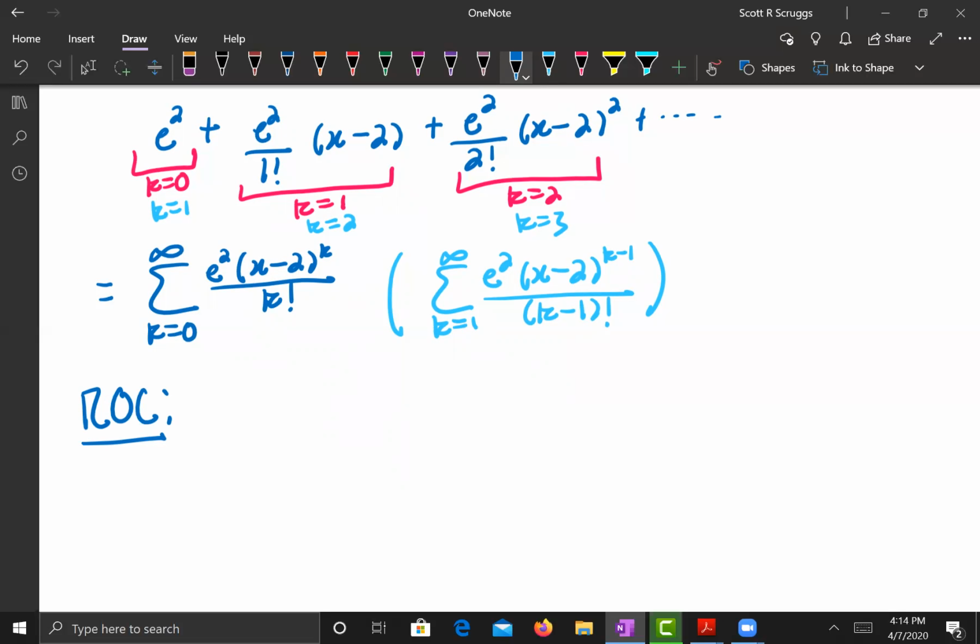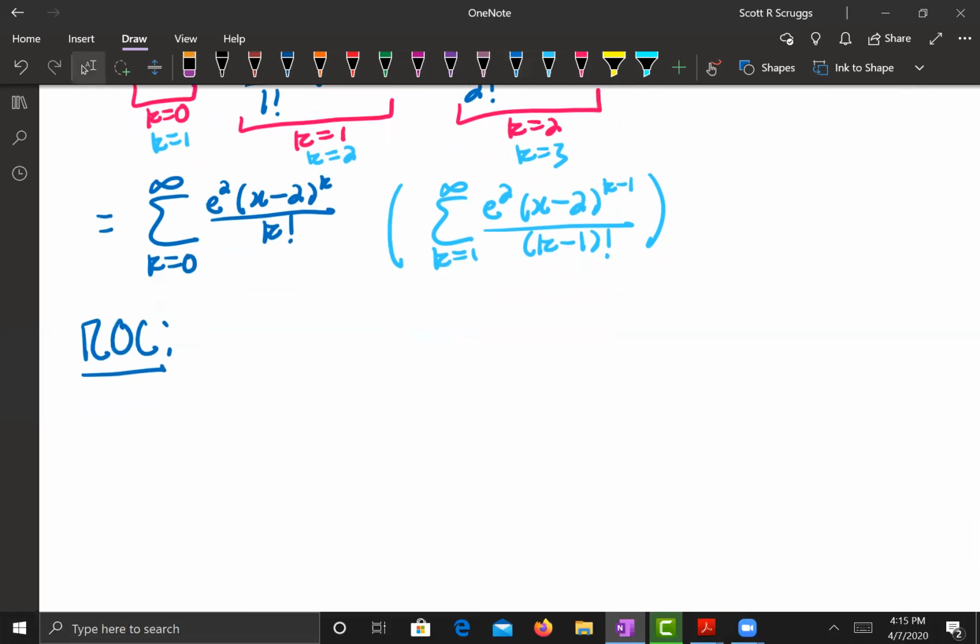And if so, what did you get for the radius? It's not going to be 2. Let's go ahead and figure it out.